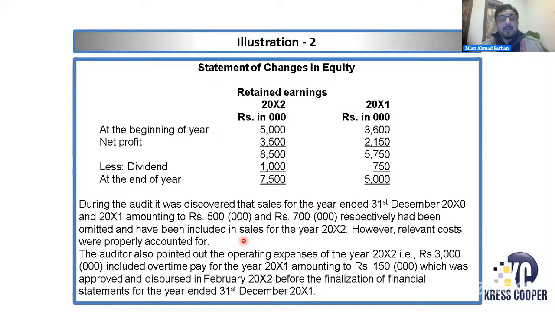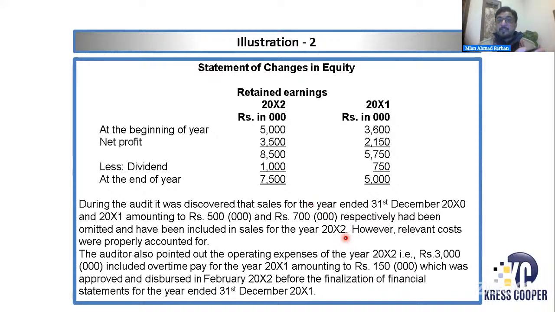During the audit, it was discovered that sales for the years ending 31st December X0 and X1, amounting to 500,000 and 700,000 respectively, had been omitted and have been included in the sales for the year X2 altogether. That was omitted. So what will we do?